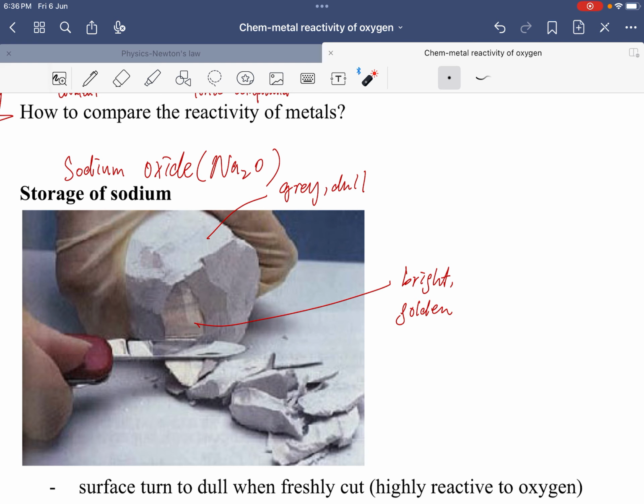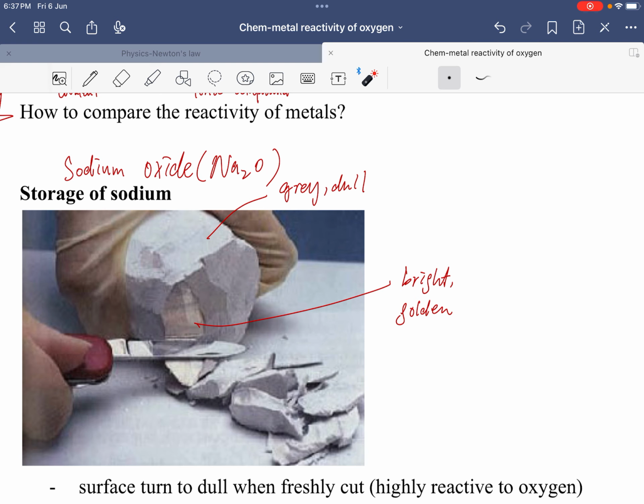Compare when you store sodium normally in maybe just a box, what would happen? Yeah, because the box is easily in contact with air, so it will be oxidized. So is there any method that can prevent sodium from getting oxidized?